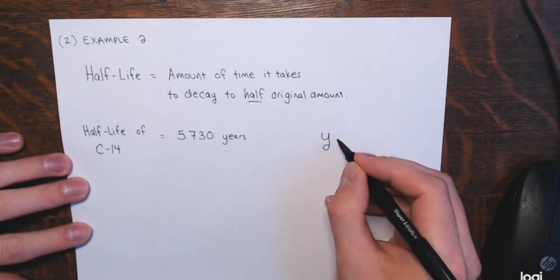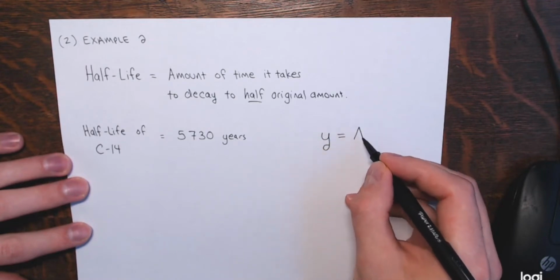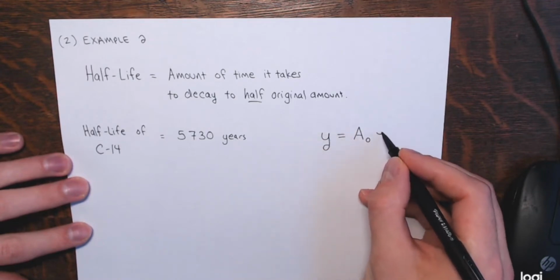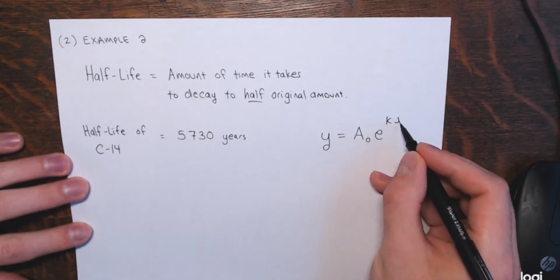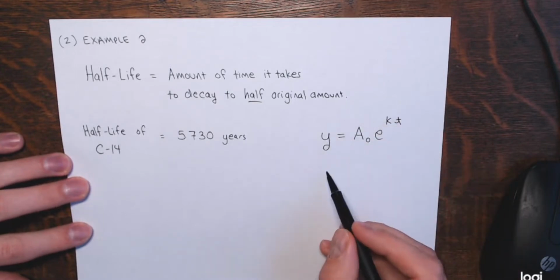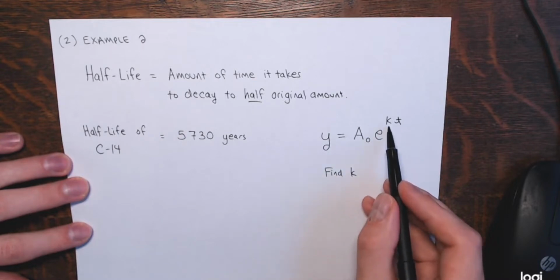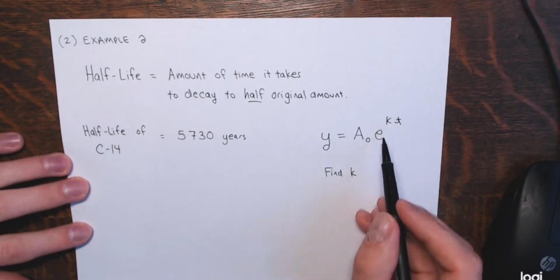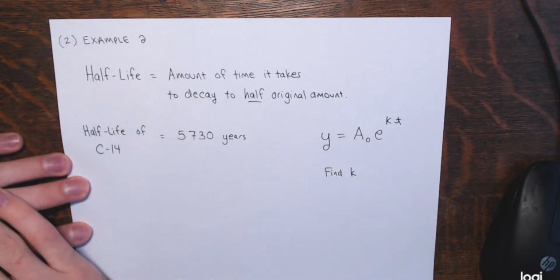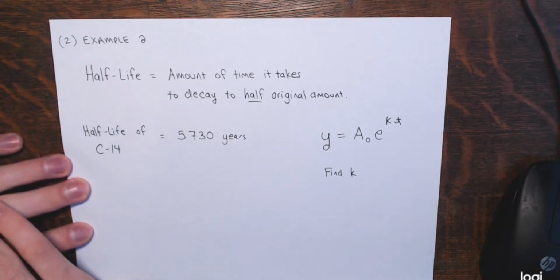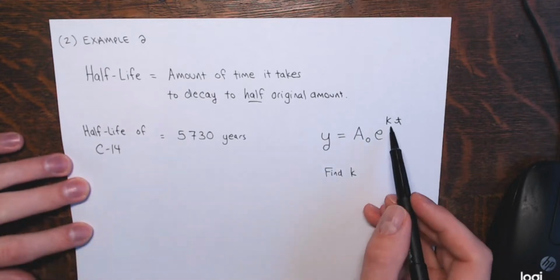Y equals a sub 0 times e to the kt, but this time we're only going to be able to find k, the value of that continuous decay rate. A sub 0 is not given. They don't even give us any amounts of carbon-14 at all. They just tell us to write a model. So the only thing we can do is find K using this information.